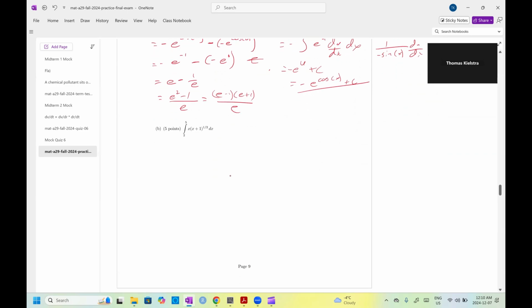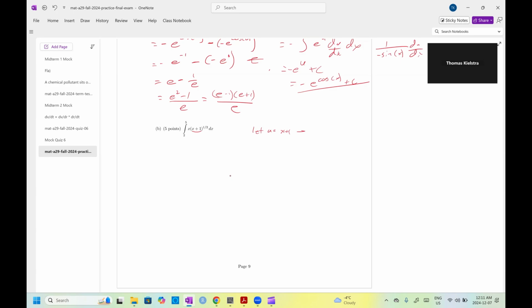In part B, we have a substitution, and the substitution is where we make the ugly from the inside go to the outside. Again, we need to solve the indefinite integral first, and then use our fundamental theorem of calculus 1. So u equals x plus 1.